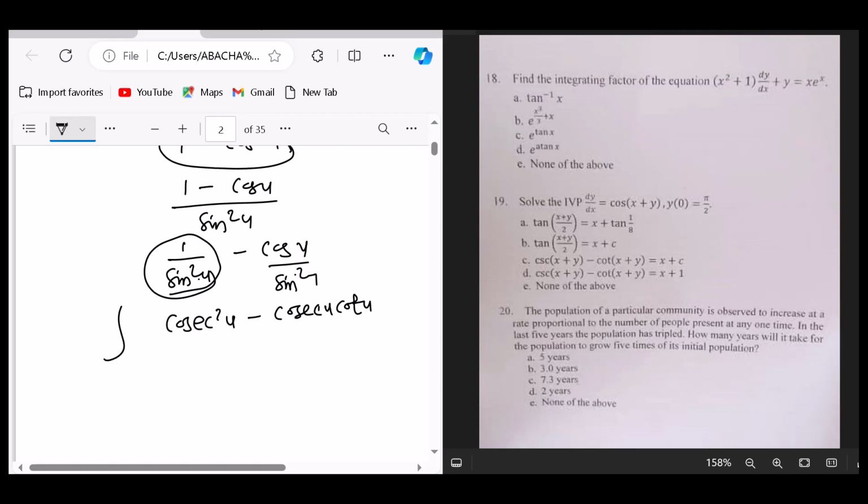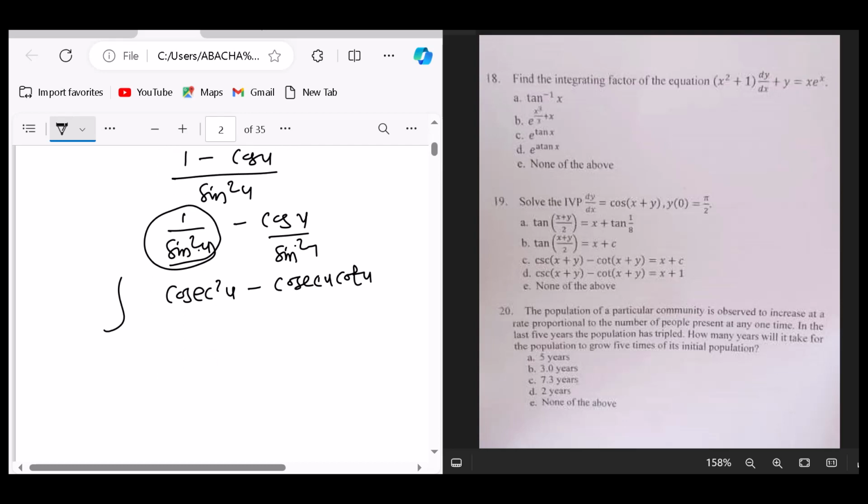Integrating this one, if we integrate cosec squared, what are we getting? If we differentiate cot, we get negative cosec squared. So now if we are having cosec squared, then it means we have differentiated negative cot.